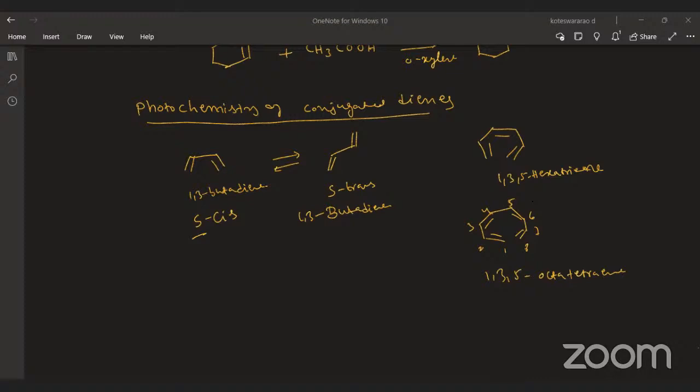All these kinds of molecules are known as conjugated dienes, right? Sorry, sir, 1,3,5,7. Yes, yes, the 7 is missing. 1,3,5,7-octatetraene, right?